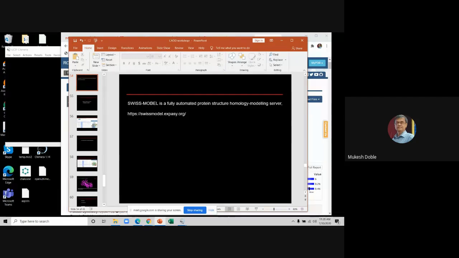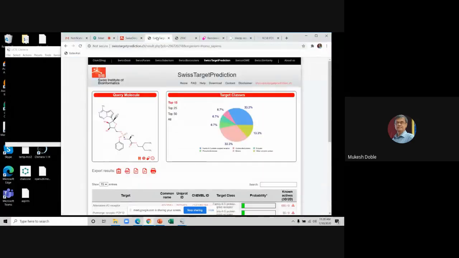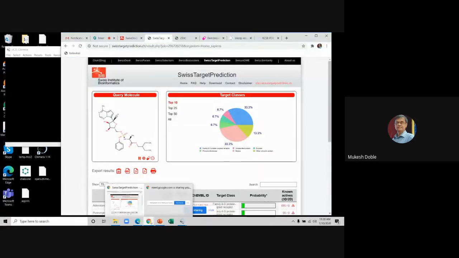Now this particular protein has got aspirin in the active site, which is good. So we can take that protein. We know where aspirin is inside. So that will be our active site. So that's very good.